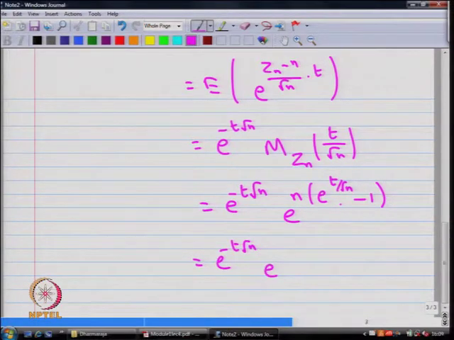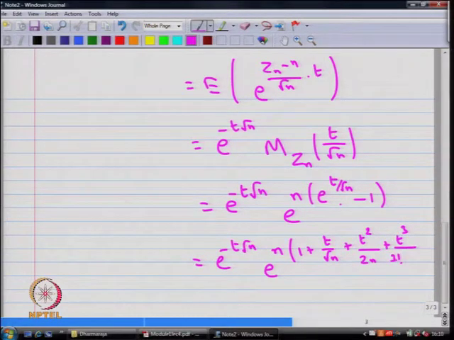That means, you keep this e power minus t root n, and you expand only e power t by square root of n, that is 1 plus t divided by square root of n, then the next term will be t square by 2n, and the next term will be t cube divided by 3 factorial n power 3 by 2 and so on.